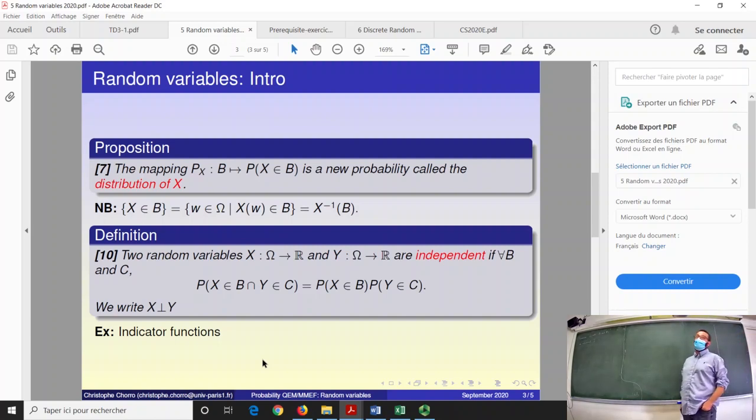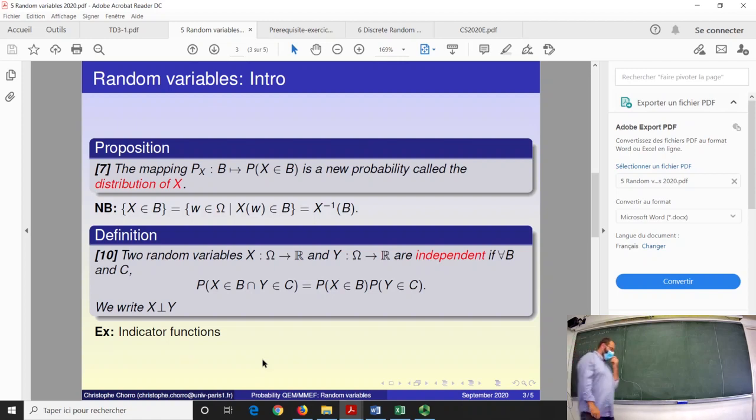No. If I have pairwise disjoint, it's to be pairwise disjoint. Independent is to be independent. Pairwise disjoint means that the intersection is empty. Here I have only two. So pairwise disjoint means they have an intersection equal to the empty set, but independence is that the probability of the intersection is equal to the product of the probabilities.